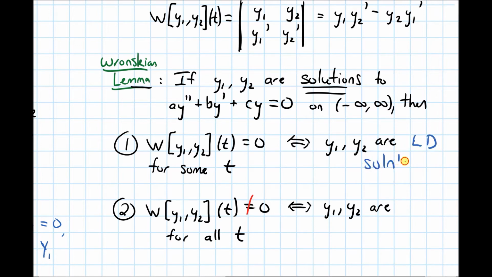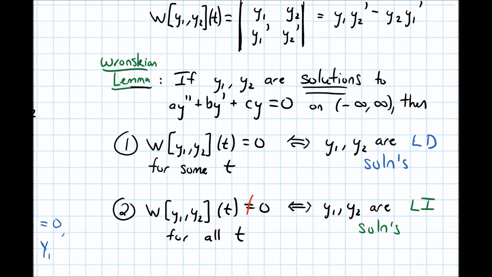So if the Wronskian is 0 even at one point t, that means the two solutions are linearly dependent. On the flip side, if the Wronskian is not 0 for all values of t, then y1 and y2 are linearly independent solutions.